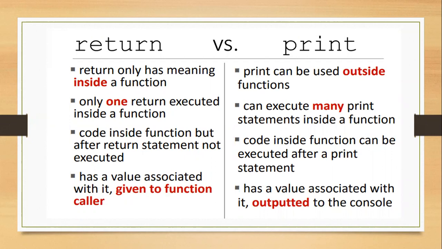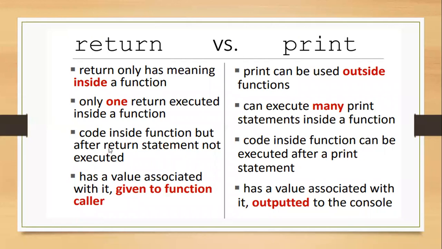But print can execute many print statements inside a function. Return, code inside function, but after the return statement, is not executed. Print, code inside function, can also be executed after the print statement.